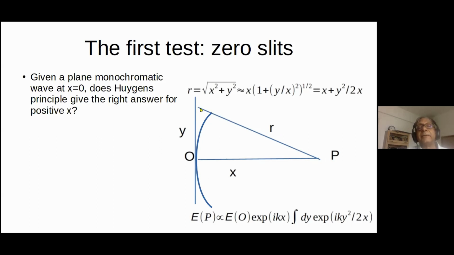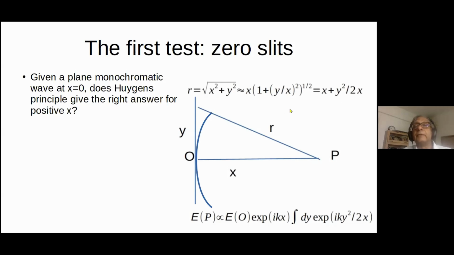And you can do a little algebra to find out what this length is. r is the root of x squared plus y squared. Pull out x squared to the power of half, so that becomes x. Then you get 1 plus y squared by x squared to the power of half. This is still exact, but then it's approximate if you use the binomial theorem. 1 plus epsilon to the power of half is 1 plus half epsilon.